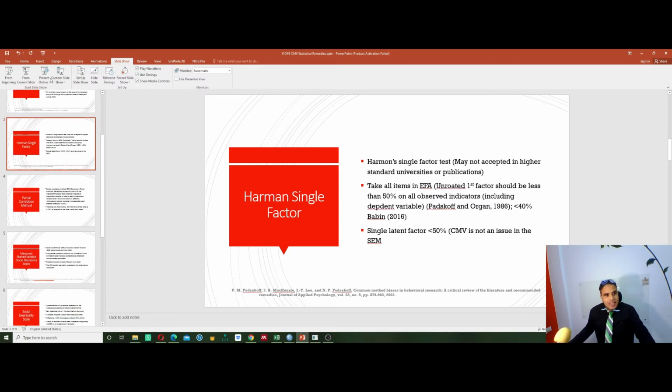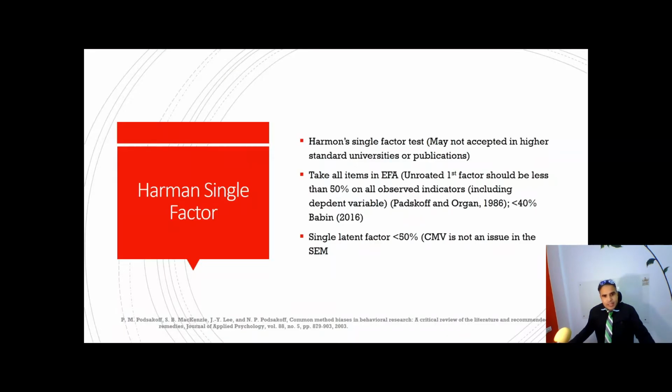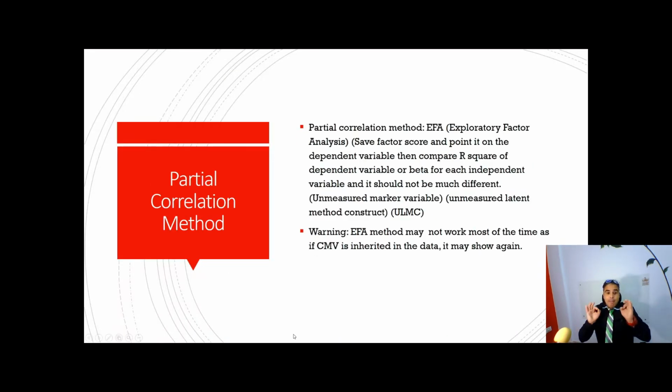Another method, from the current slide, is the partial correlation method, or the EFA, exploratory factor analysis. Here we go to our data. We have to save the factor score and point it on the dependent variable, and then compare the R square of the dependent variable, or the beta for each independent variable in our structural equation model.